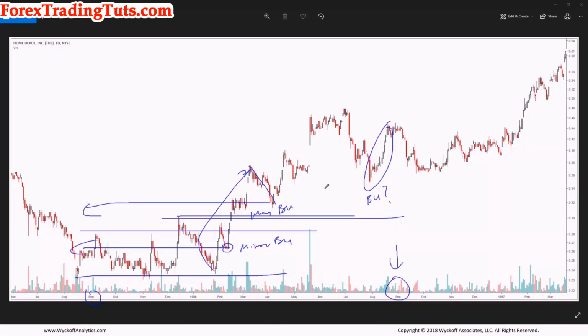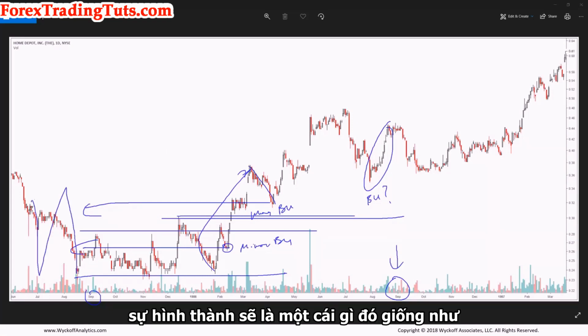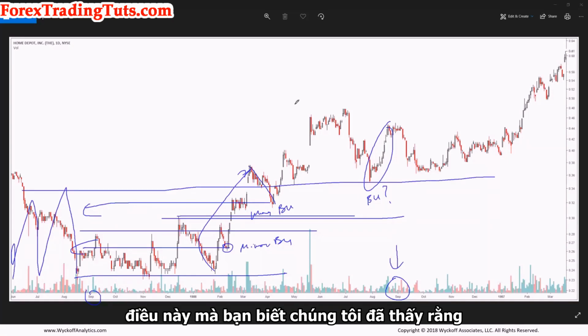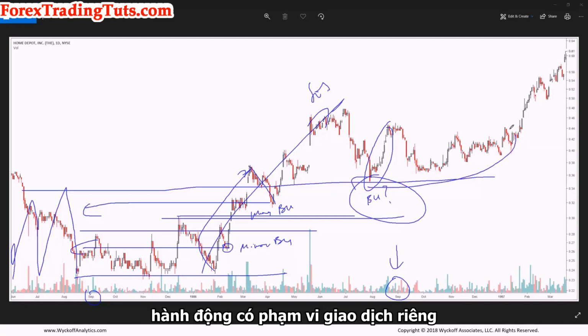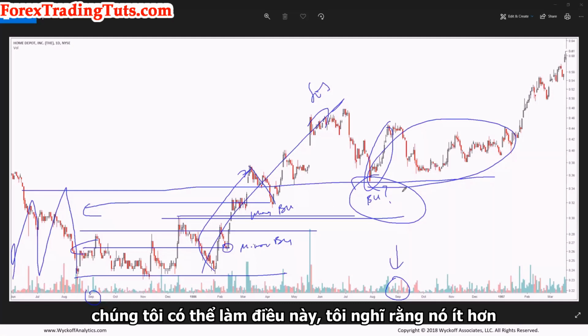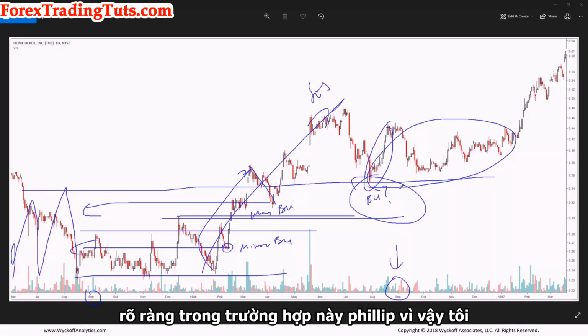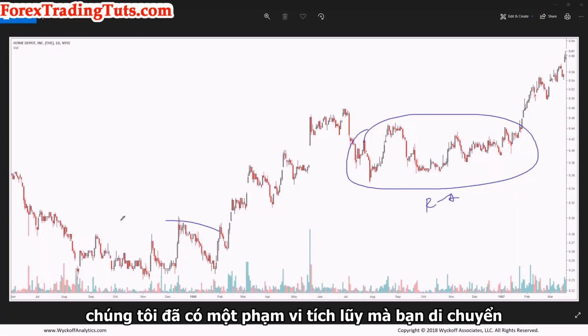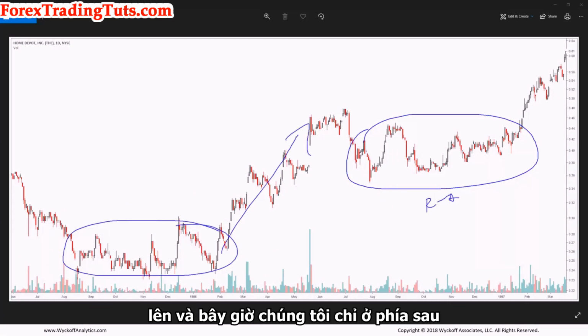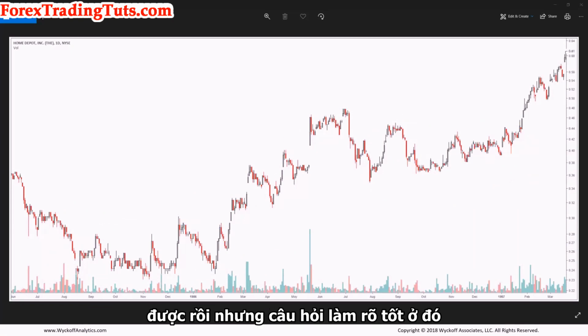If we had some kind of formation like this, where this whole move is a sign of strength, and then this is a backing up action that has its own trading range, then probably yes, we could do this. I think it's less obvious in this case, Philip, so I would probably just think of it as a trading range on its own. It's a reaccumulation. We had an accumulation range, a move up, and now we are just in the reaccumulation. Okay, but good clarifying question there.